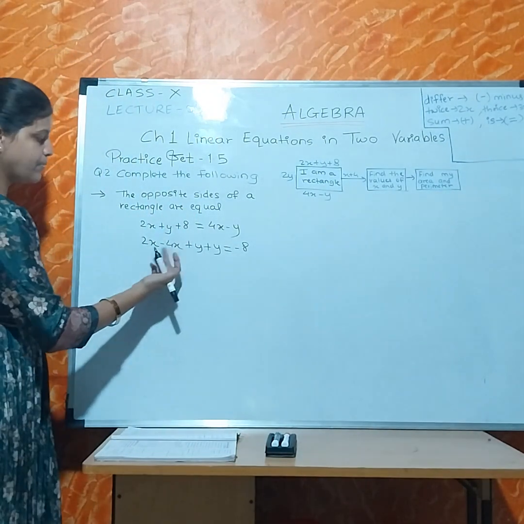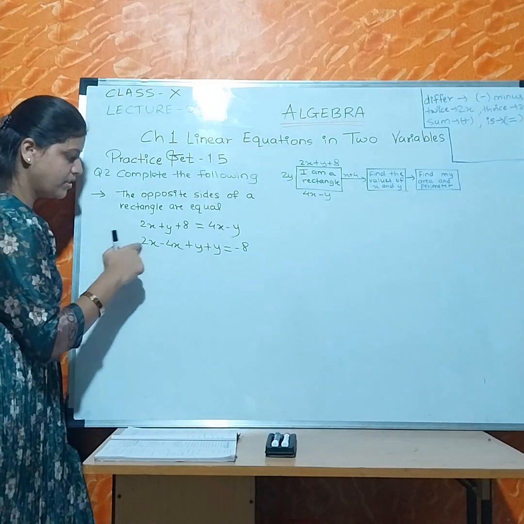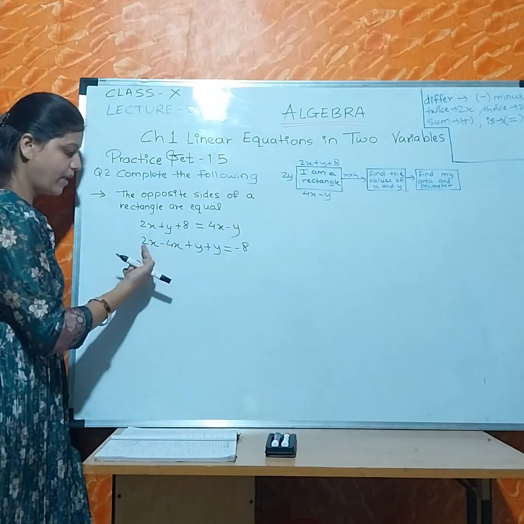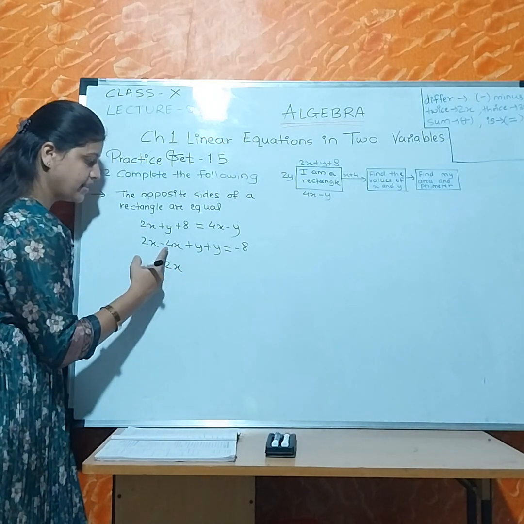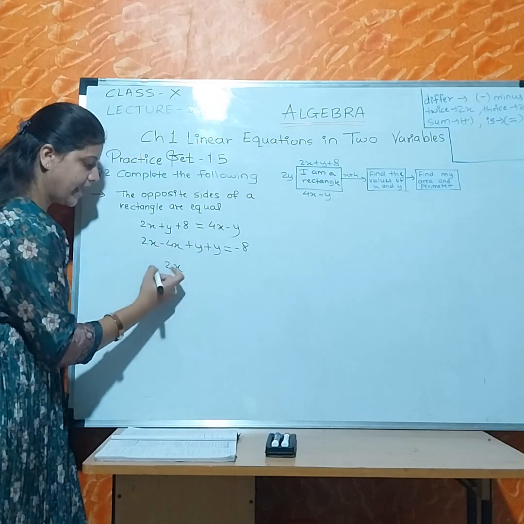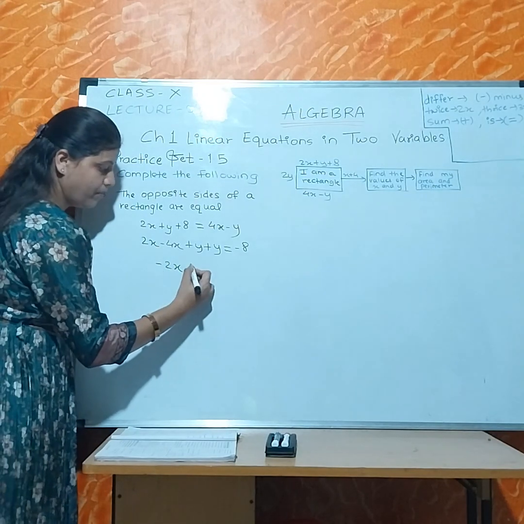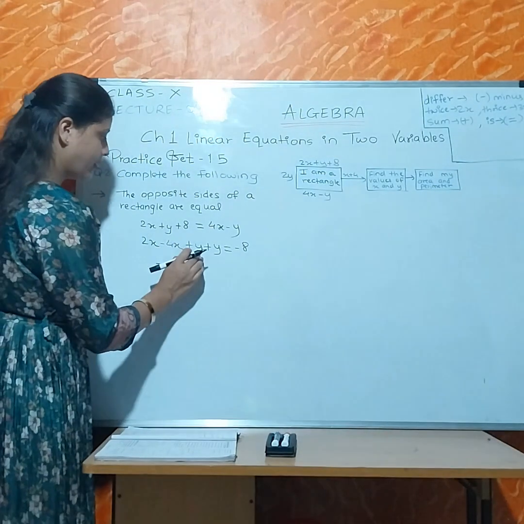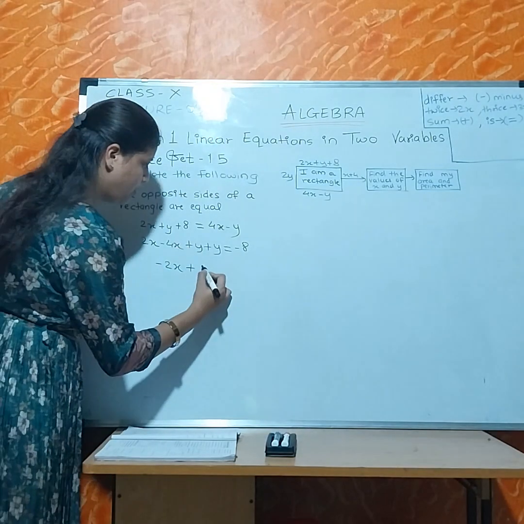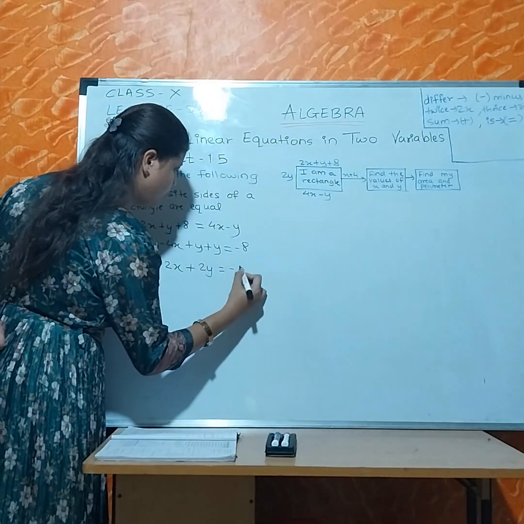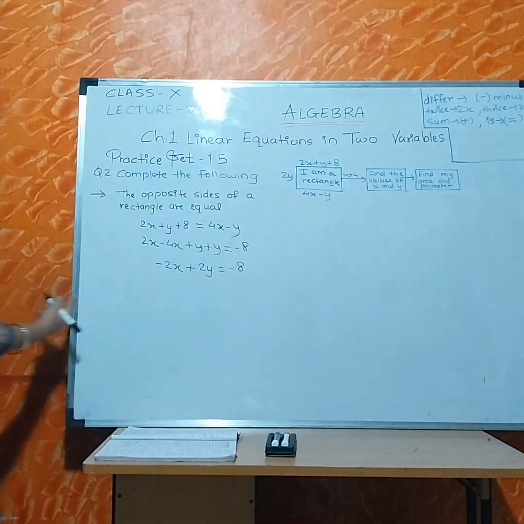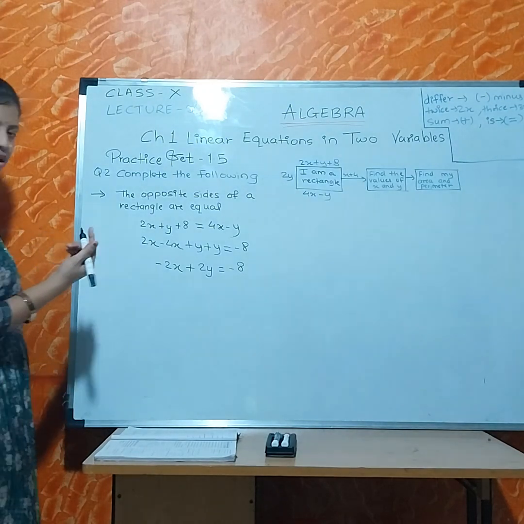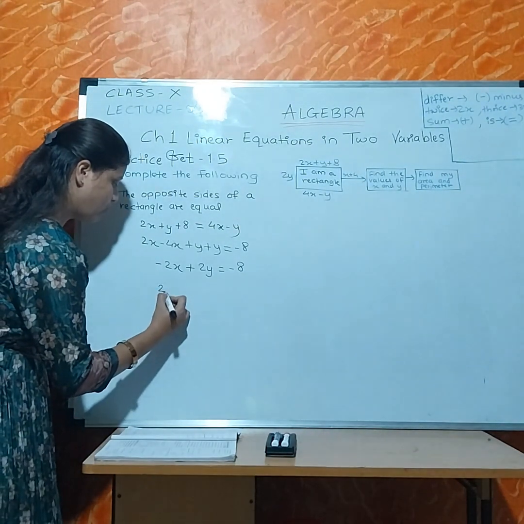Now 2x minus 4x, what is the answer? Plus minus minus. 4 minus 2, 2x. The greater number has a negative sign, so minus 2x plus y plus y is 2y is equal to minus 8. Now tell me what is common here? 2 is common, so we will take 2 common.